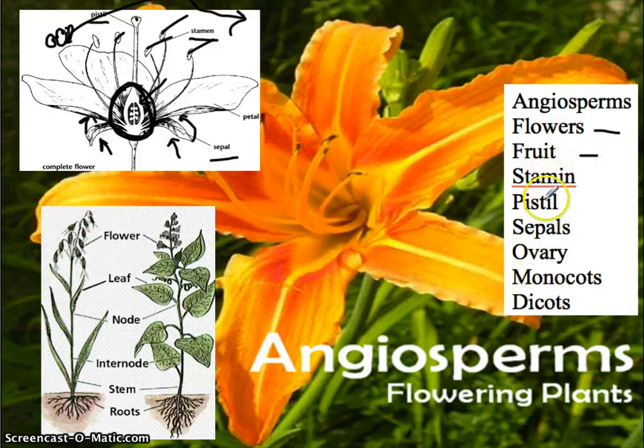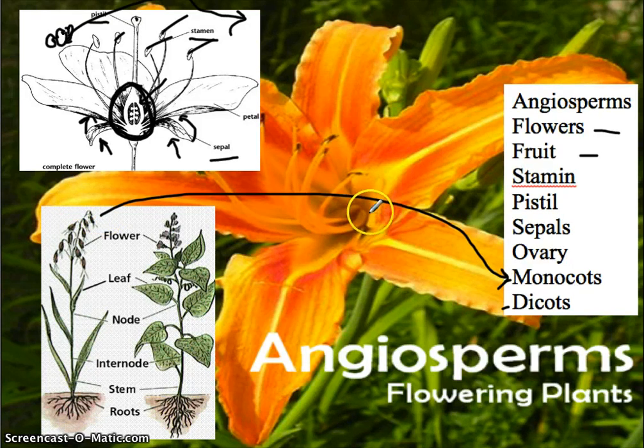Now, we do have a couple of terms down here. Yeah, I think I've covered all of these here. Monocots and dicots. A monocot is like this. And a monocot literally is an angiosperm with one seed leaf. That's where you get mono from. Look at this leaf. It's just one long little leaf right here.